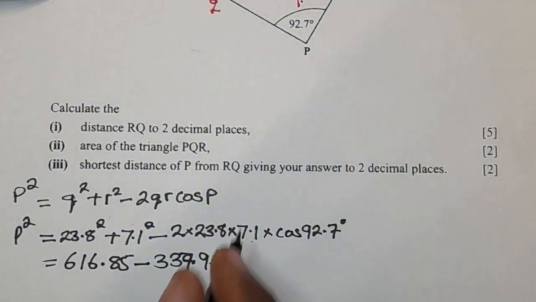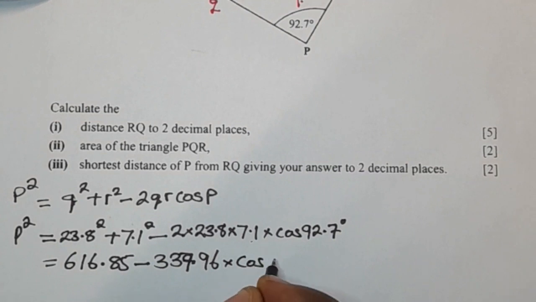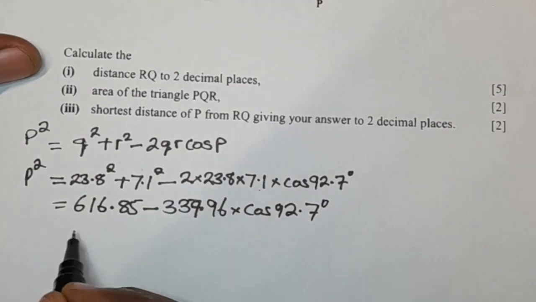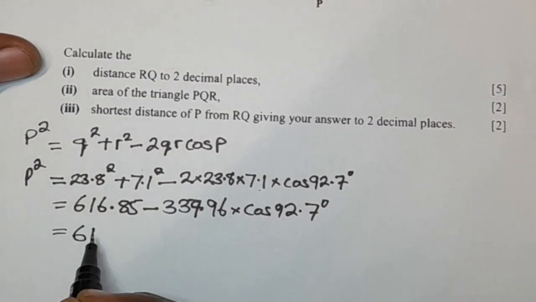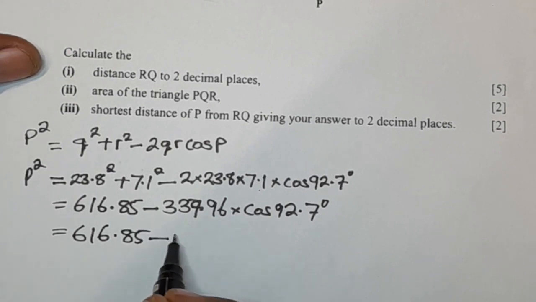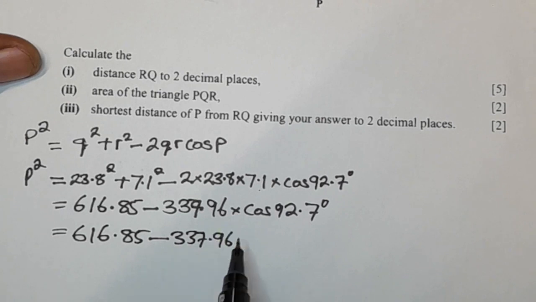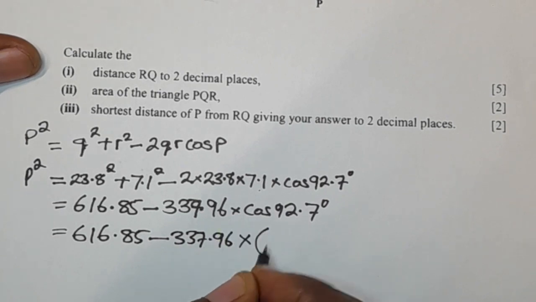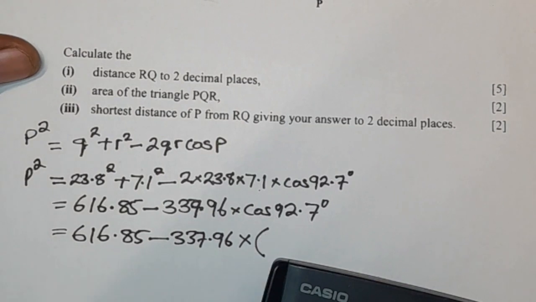Then times cos 92.7 degrees. So we have 616.85 minus 337.96 times cos 92.7 degrees.